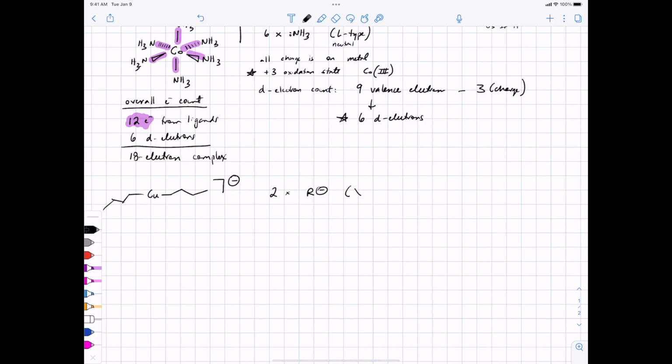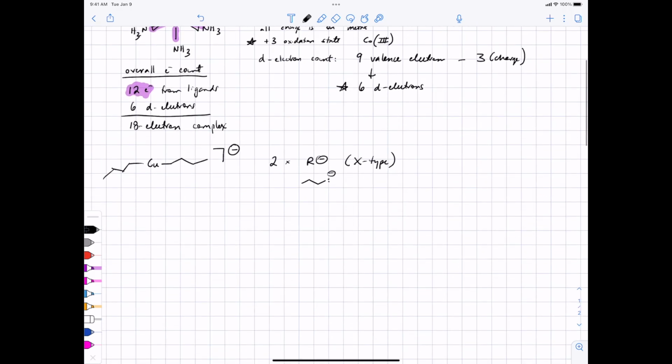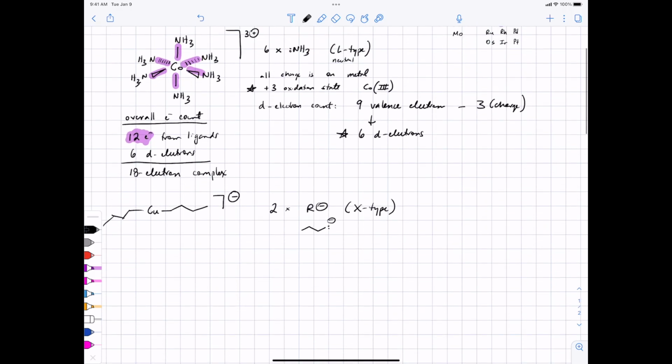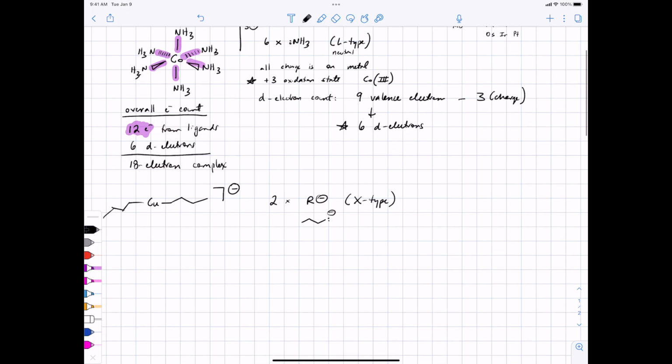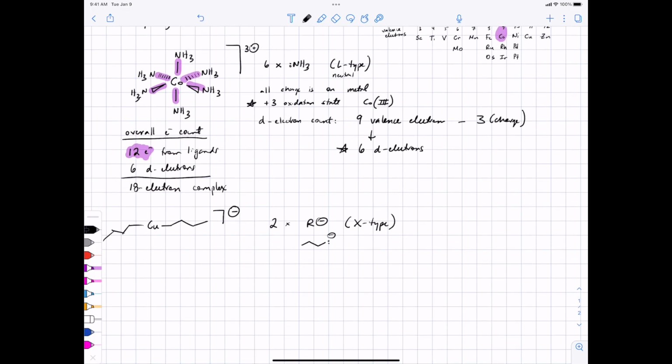These are X-type ligands. If this 4-carbon chain left with its electrons, it would be negatively charged, right? 1, 2, 3, 4. Okay, so the overall charge is 1 minus.